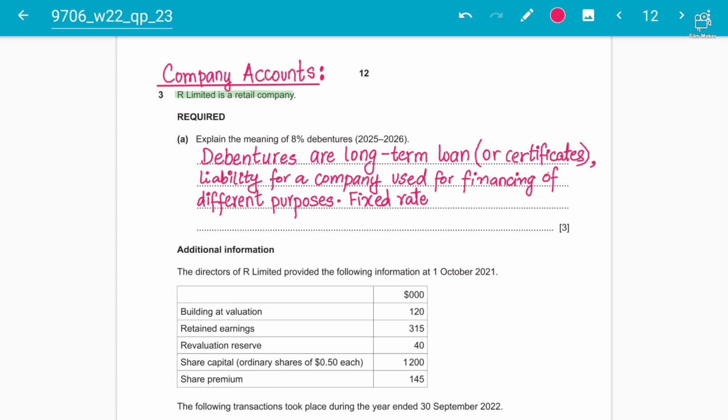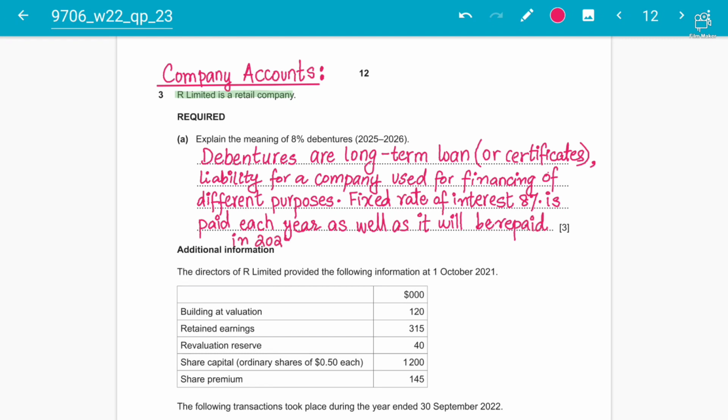A fixed rate of interest of 8% is paid on the debentures each year, and the debentures will be repaid. The complete balance of the debentures will be repaid in the year between 2025 and 2026.